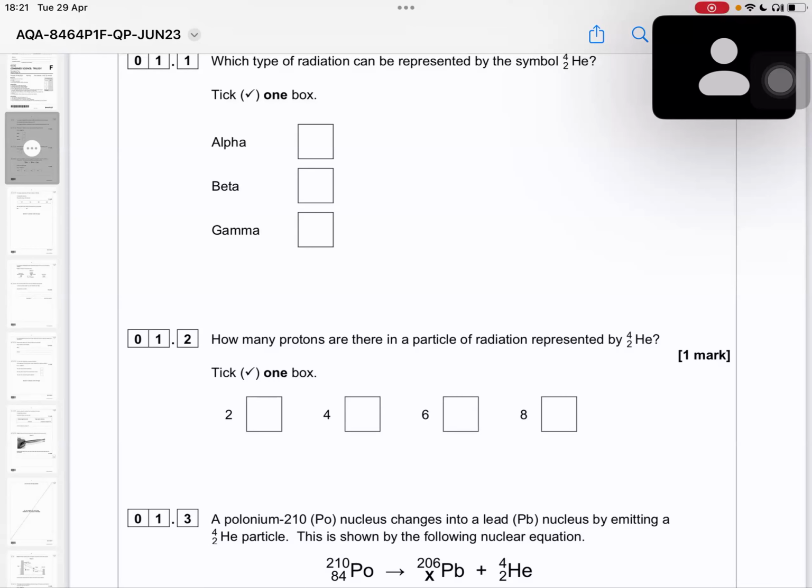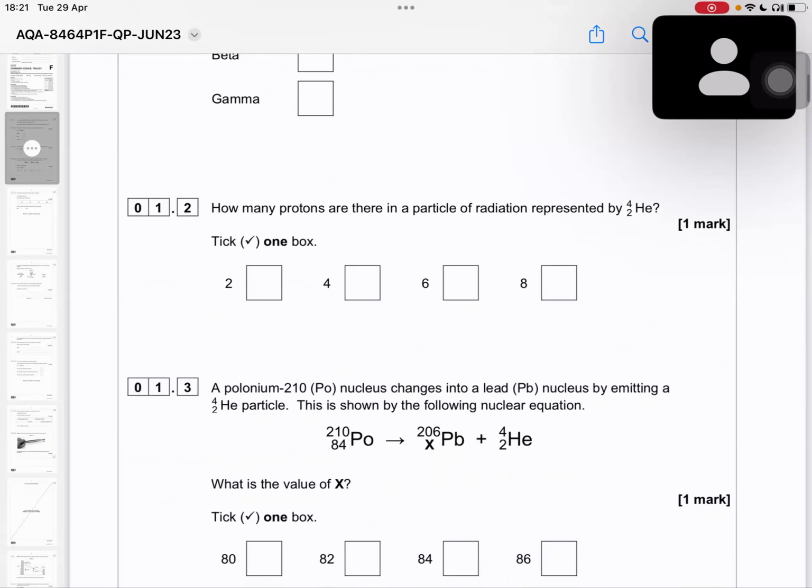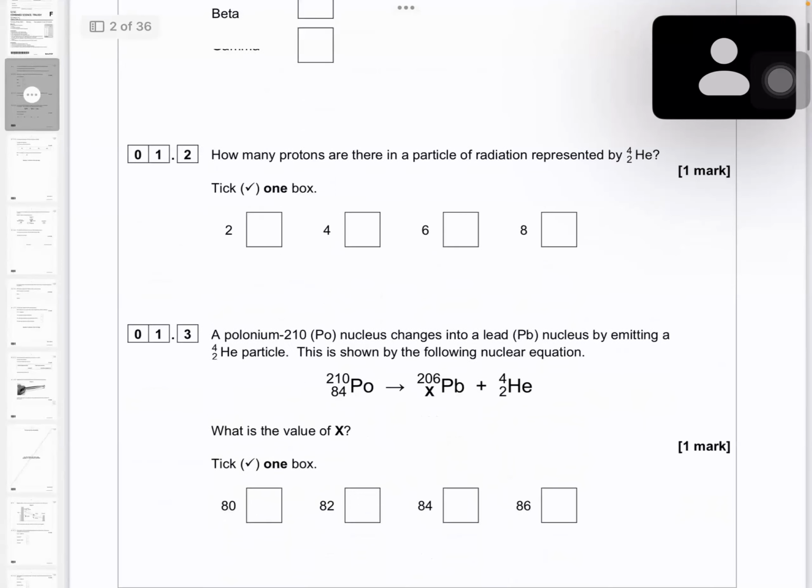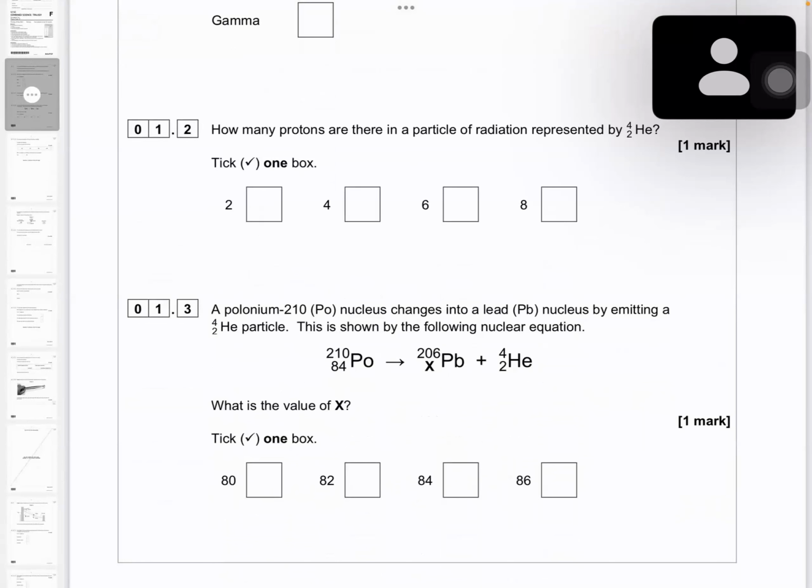It says a polonium 210 nucleus changes into a lead nucleus by emitting a helium, or what we have agreed is an alpha particle. This is shown by the following nuclear equation. Okay, so of course I know the next question. What's the value of X?